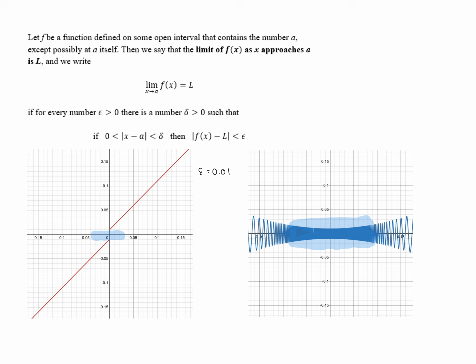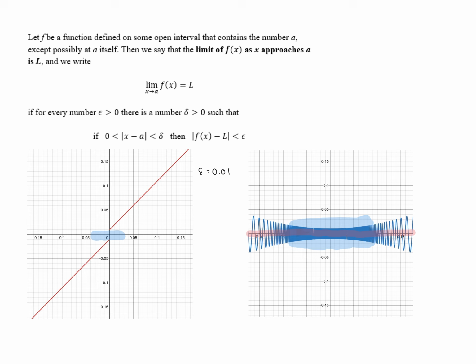But the problem is that if we pick a smaller epsilon, say 0.001 or 0.05, basically if we take a smaller value of epsilon, there gets to be a point where the height of this distance is less than how much our graph is oscillating. Our graph is oscillating too much here.